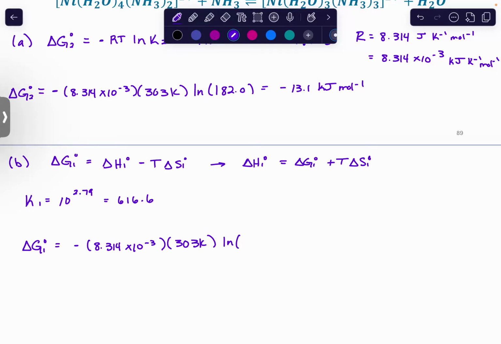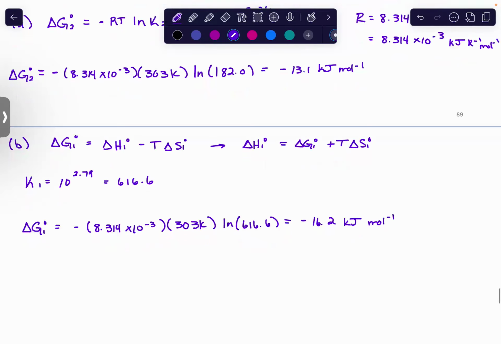Natural log of 616. And that's going to give a negative 16.2 kilojoules per mole. So again, not as stark a difference as you see between the K values, but notice how the delta G1 is lower in energy, so it's more exergonic than the delta G2. This is the trend you'll find with these coordination complexes.